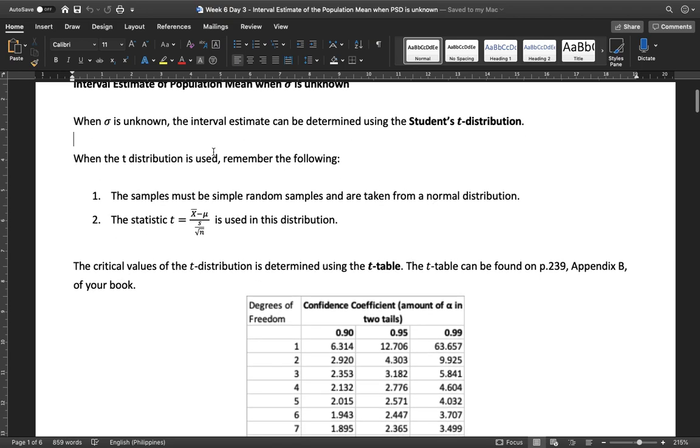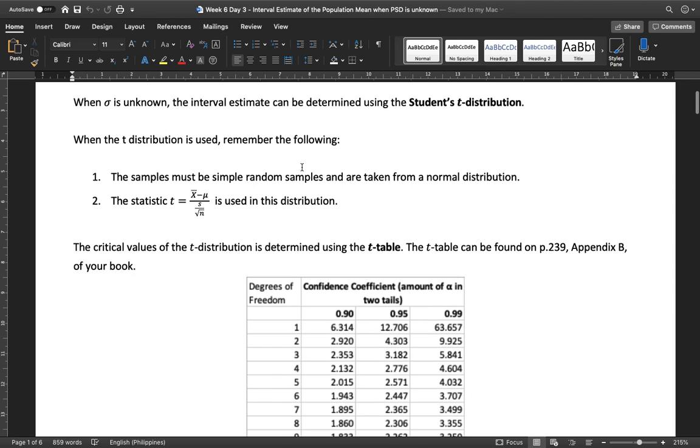So when the T distribution is used, remember the two things that we're going to consider. First, the sample must be simple random samples and are taken from a normal distribution. The statistic T equals sample mean minus the population mean divided by the sample standard deviation divided by the square root of the sample size is used in this distribution.